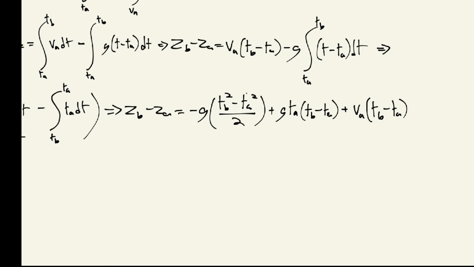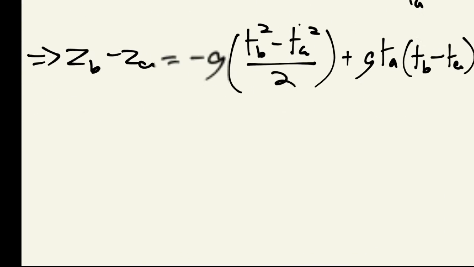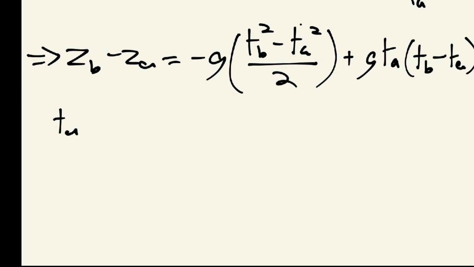Now what's cool though is that we could say, what if t sub a equals 0, and also we're looking at the beginning of our moment, right as the ball lifts off the ground, essentially. And then this means that v sub a is going to be 0 as well.